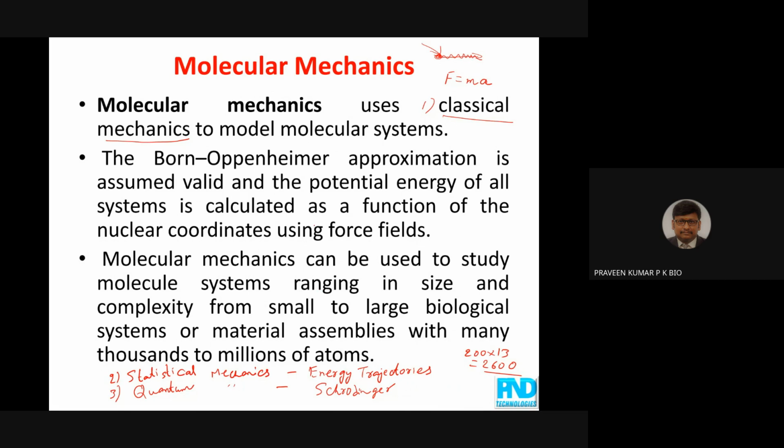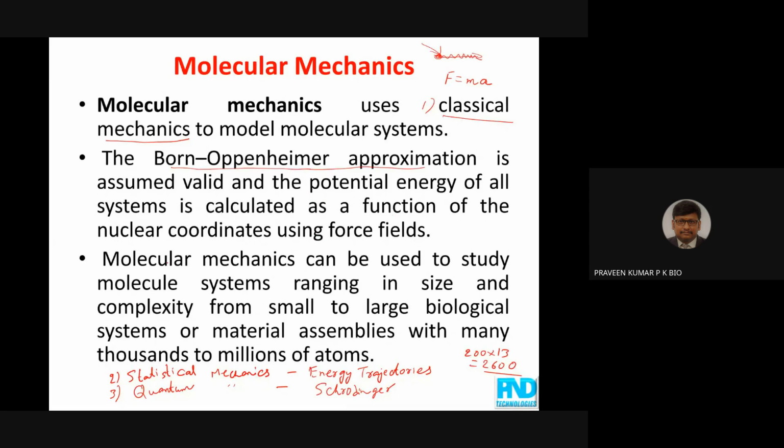So this is something about molecular mechanics, which we can observe in docking as well as simulation. These are some of the methods of computer-aided drug and vaccine design. And in molecular mechanics, we use the Born-Oppenheimer approximation, where you calculate the potential energy of the whole system.